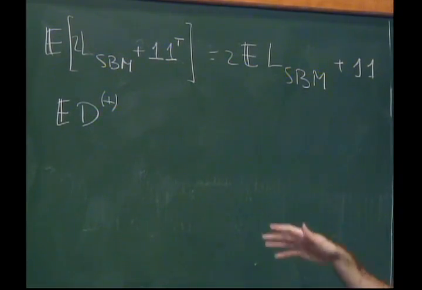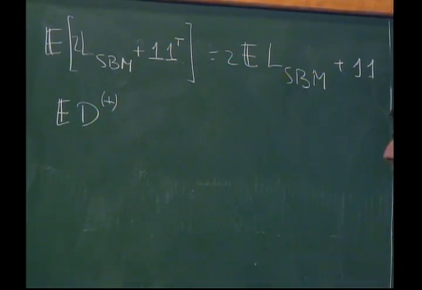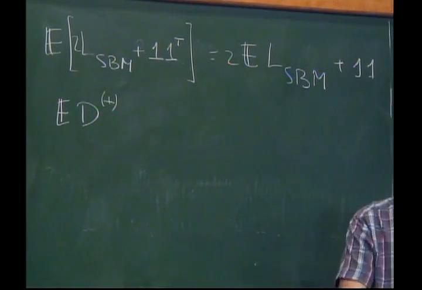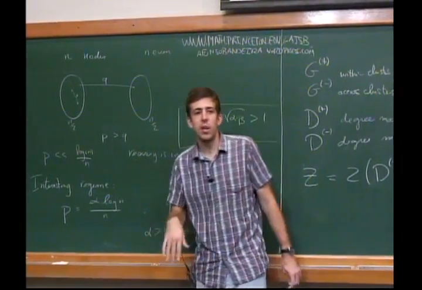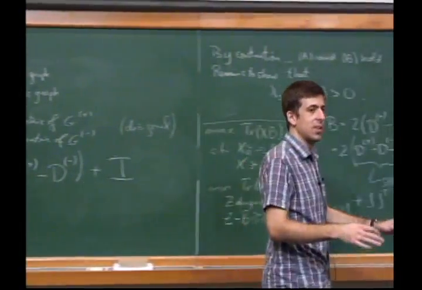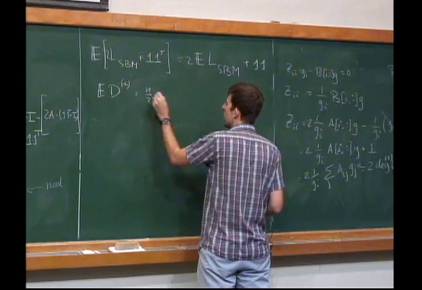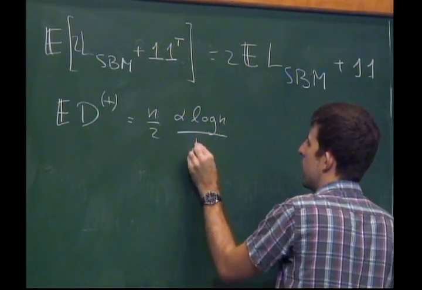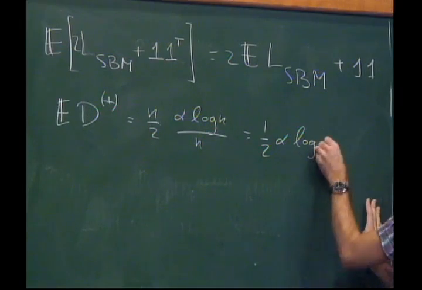Let's say for now that there are actually loops, just to make the computation easier. So now there's n over 2 nodes, each within the cluster. Each edge shows up with probability alpha log n over n. We finally got back to the original expression. So this is n over 2 times alpha log n over n, meaning that's a half of alpha log n.